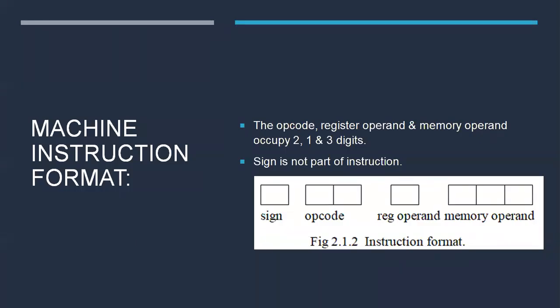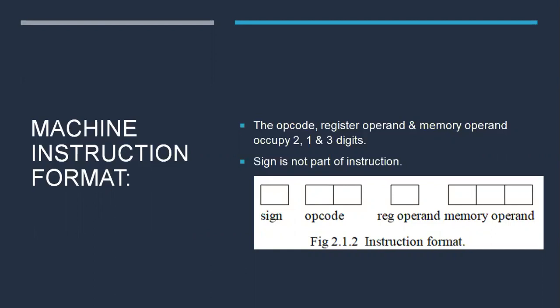Then how is the machine instruction format? The machine instruction format contains the parts sign, opcode, register operand, then memory operand. The opcode, register operand, and memory operand occupy 2, 1, and 3 digits. Sign is not a part of the instruction, but it indicates whether this particular instruction is expanded or not.